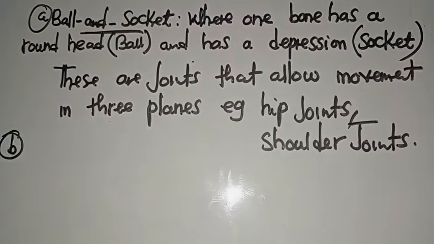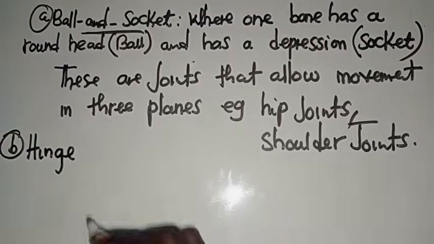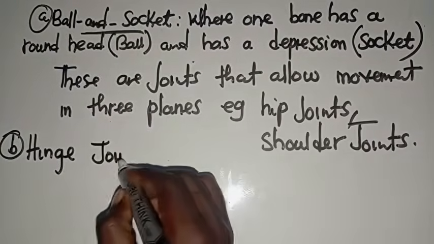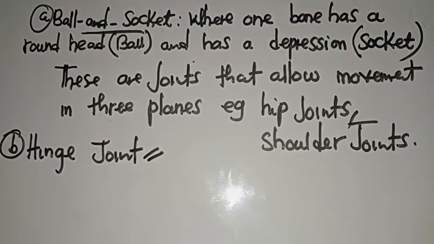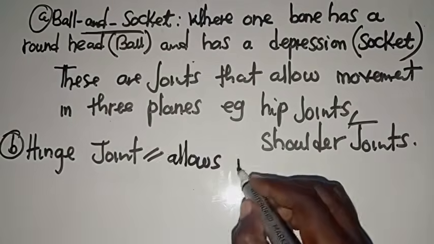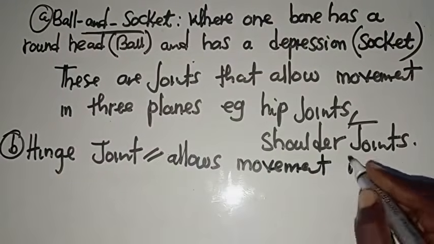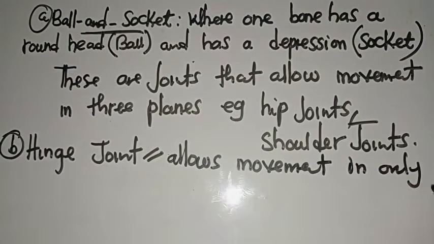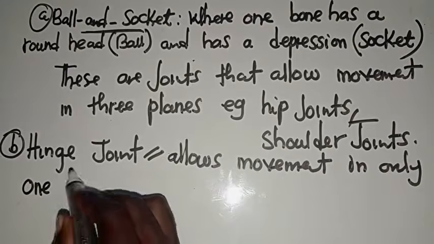Let us now look at another joint that is called a hinge joint. What is a hinge joint? When we are talking about a hinge joint, we are talking about a joint that allows movement in only one direction.